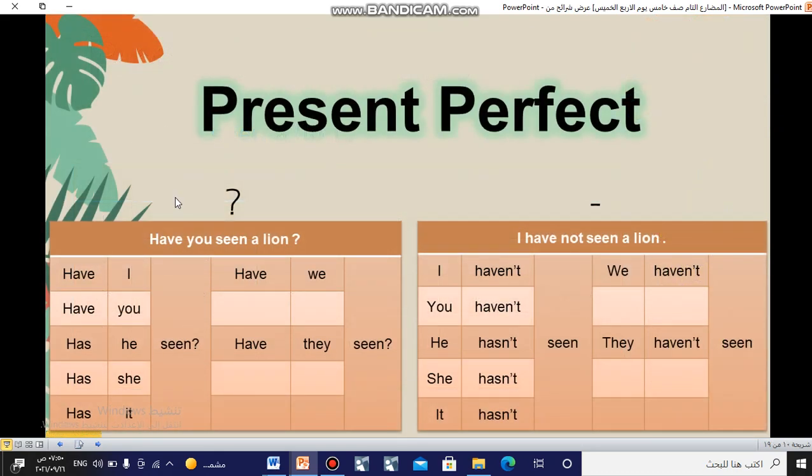How do you make a question? Very easy. You should put have or has first, then the subject, then the past participle. Have you played? Yes, I have, or no, I haven't. When you want to make a negative sentence, you should use not after have or has. I haven't seen you. She hasn't seen you.